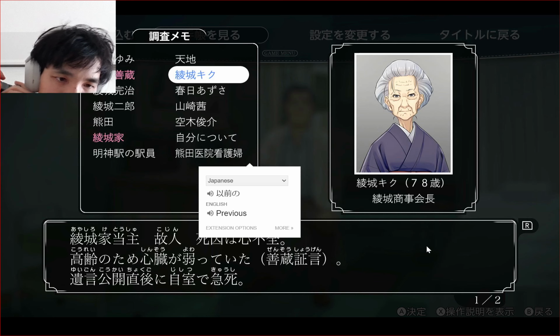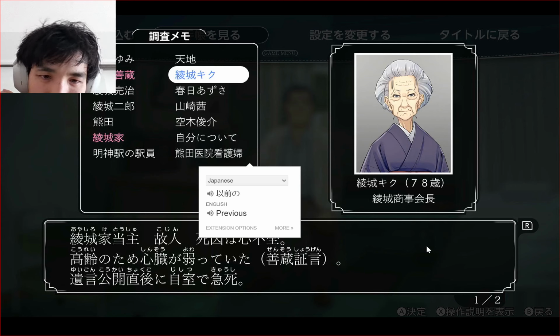Ayashiro Toshu. This is the head of the house. Ayashiro Toshu Gojin. Gojin looks like shiin wa shinfuzen. Toshu Gojin.